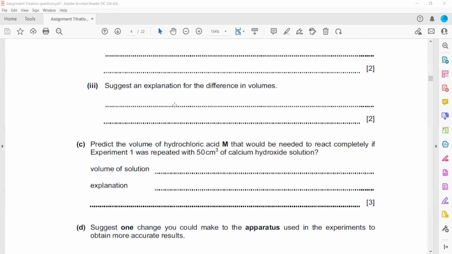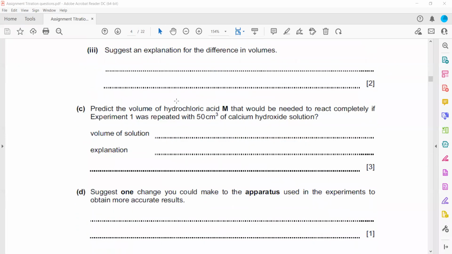Then predict the volume of hydrochloric acid that would be needed to react completely if experiment 1 was repeated using 50 cm3 of calcium hydroxide. So how can we work it out? For solution M and calcium hydroxide, when we were using 25 cm3 of calcium hydroxide, we need 10.6.